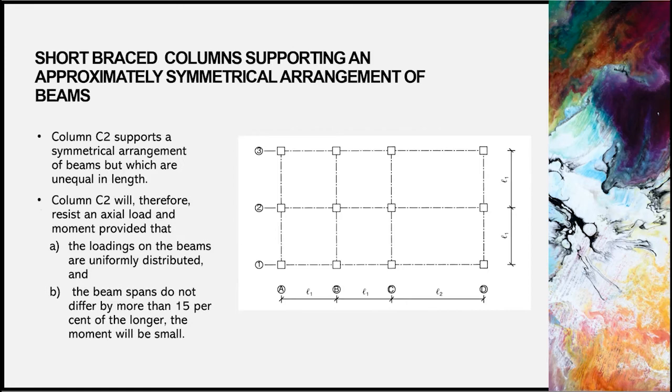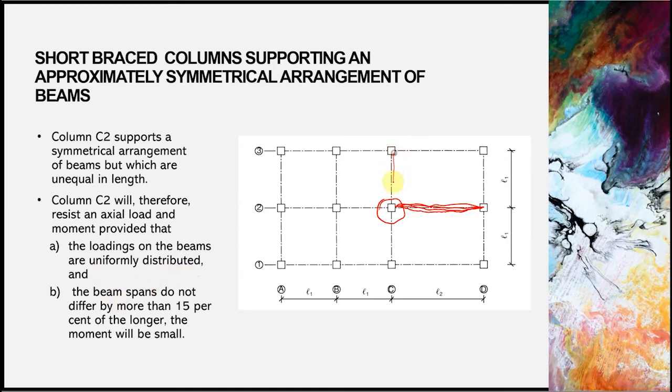Okay, axially loaded column. For the second one is short brace column supporting an approximately symmetrically arrangement of beam. Okay, for this one you look at C2. Column C2 dia support symmetrically arranged beam, tapi if you notice here, this beam lebih panjang compared to others. Jadi dia resist axial load and also provide moment provided that the loading of the beam are uniformly distributed.